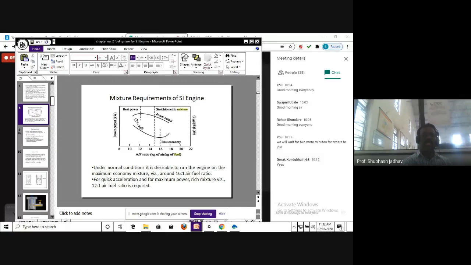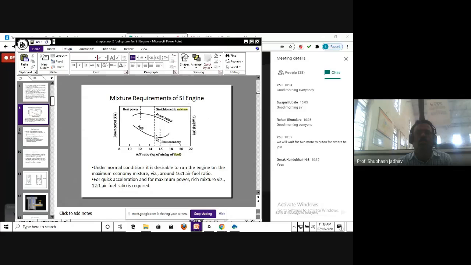But suddenly a vehicle is coming in front of me, and I'm going behind some other vehicle. So suddenly I decide to overtake that vehicle. If I want to overtake, I have to accelerate. Since acceleration is my requirement, that means power is my requirement.